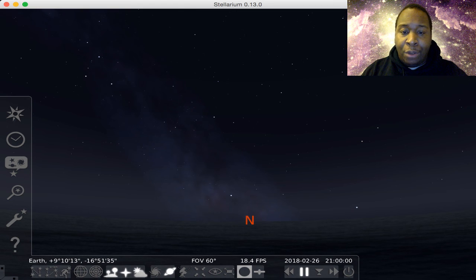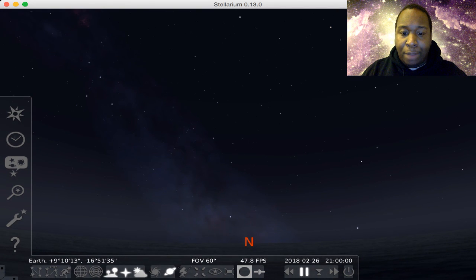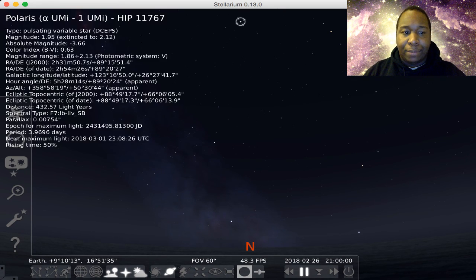So all I have to do now is pull the screen down. Let's do it slowly. Up, there's Polaris. All right, I'm going to click that. We're going to click on Polaris again. And what we'll notice now is that the angle for Polaris has changed. Its altitude.